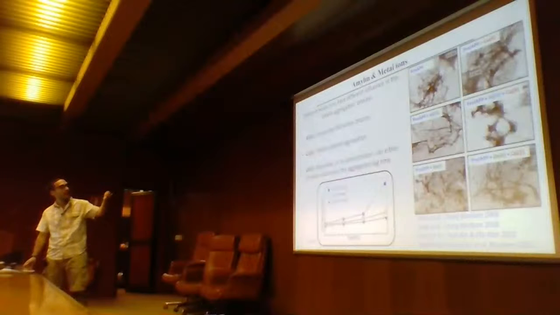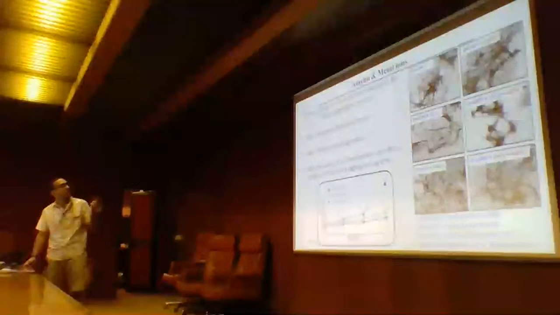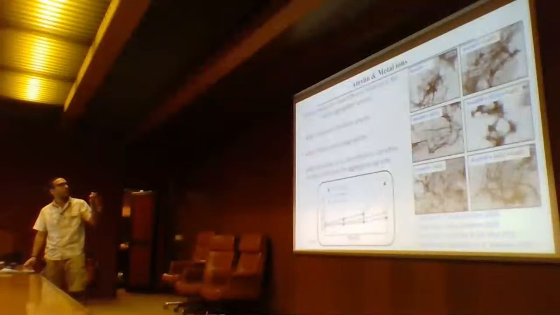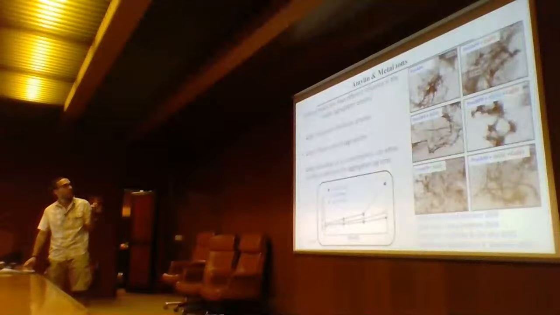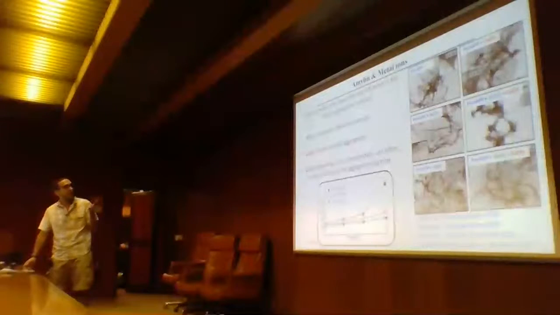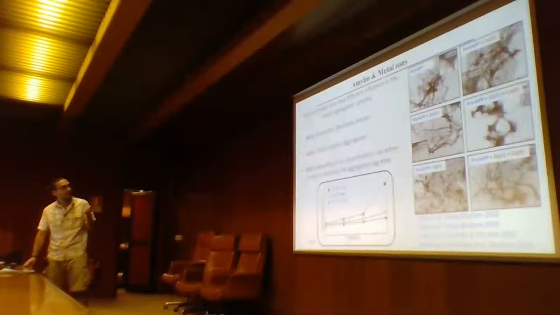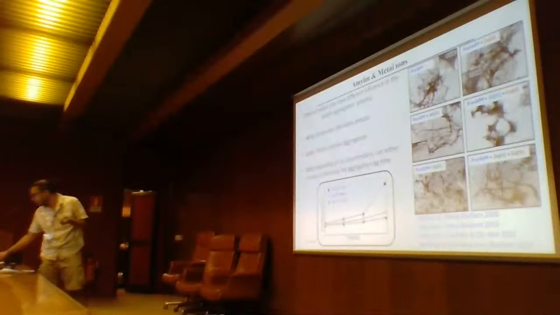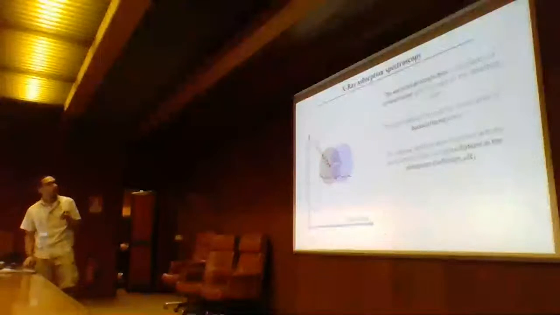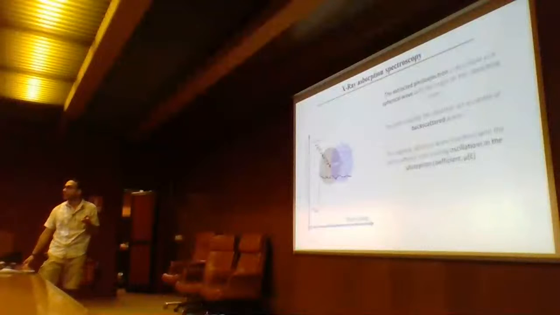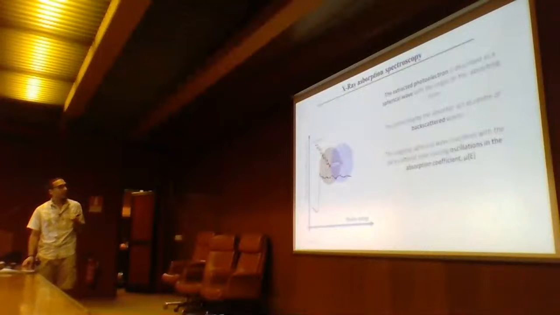Those lines are the fibrils, and as you can see, in the system without the metals and the system with the aluminium 3, the number of fibrils is higher. On the contrary, in the presence of copper, we can see a different kind of aggregate shape, the so-called amorphous one.